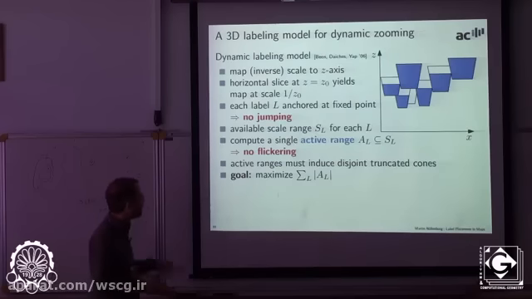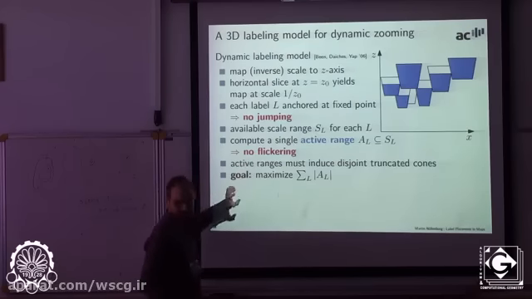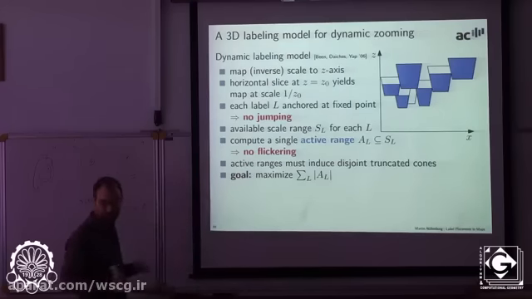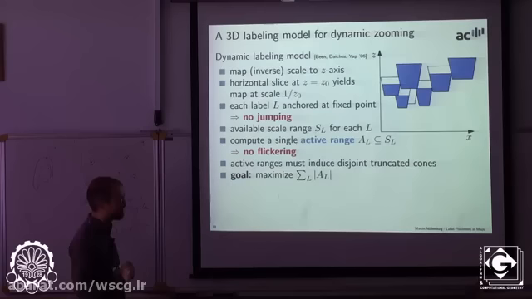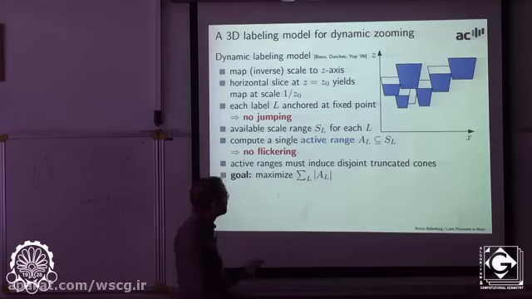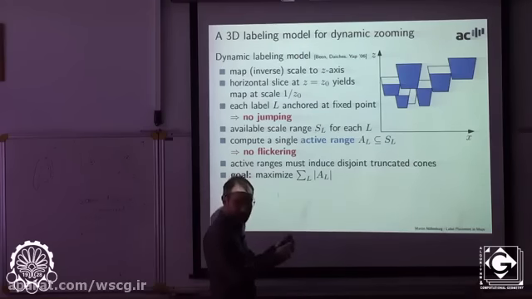And now in order to avoid this flickering, so showing a label, not showing a label when you do monotone movement, one way of achieving this is saying that for each label we want to select a single range of scales where the label is shown. Okay? And this range of course needs to be a subset or sub-range of the available range, and it's marked here in blue.